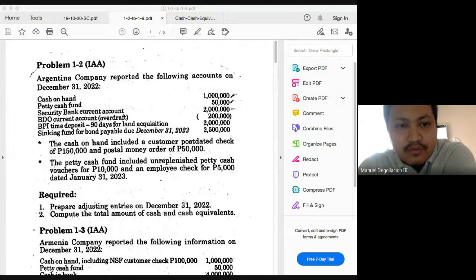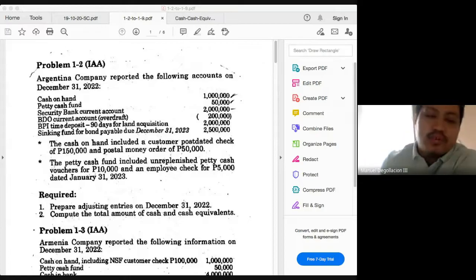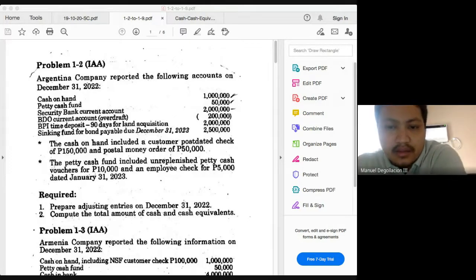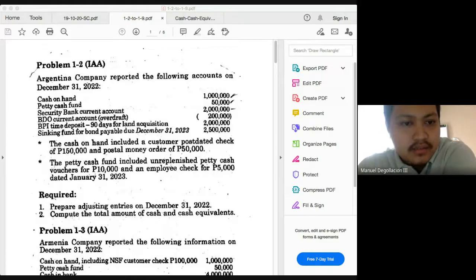If you have an overdraft, that only means that you have an outstanding obligation to the bank, and it is to be reported as a liability. Okay, but again, remember that there is also an exemption. The most common exemption would be that if you have another bank account with the same bank and that bank account has a positive balance.